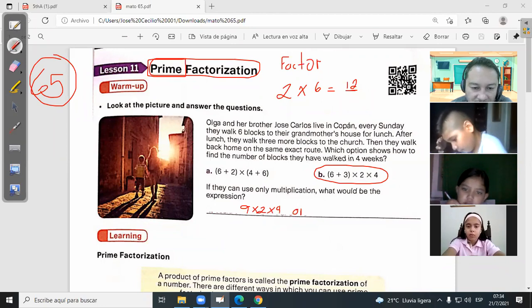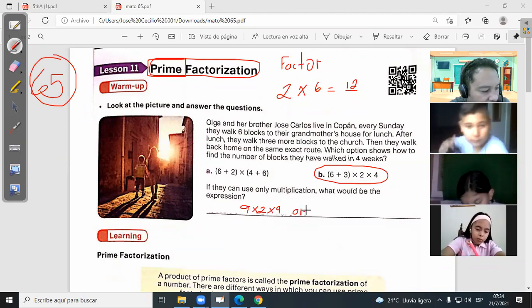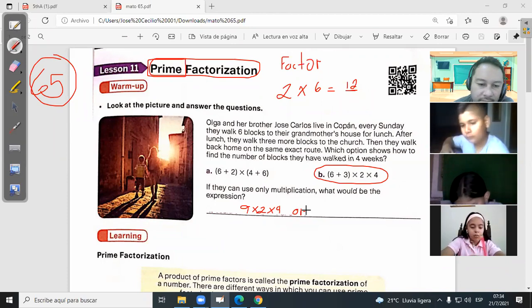Or another expression. How would be another expression? 18 times 4.